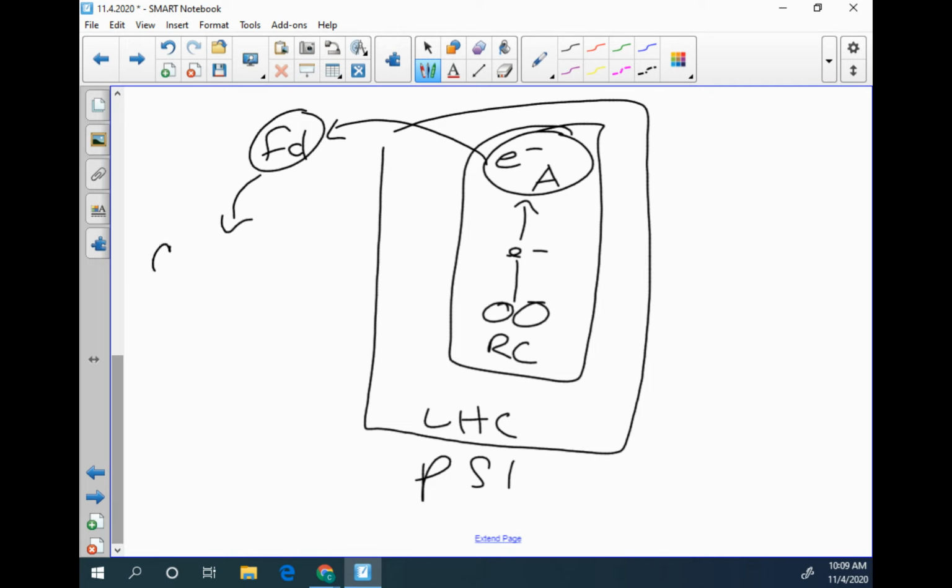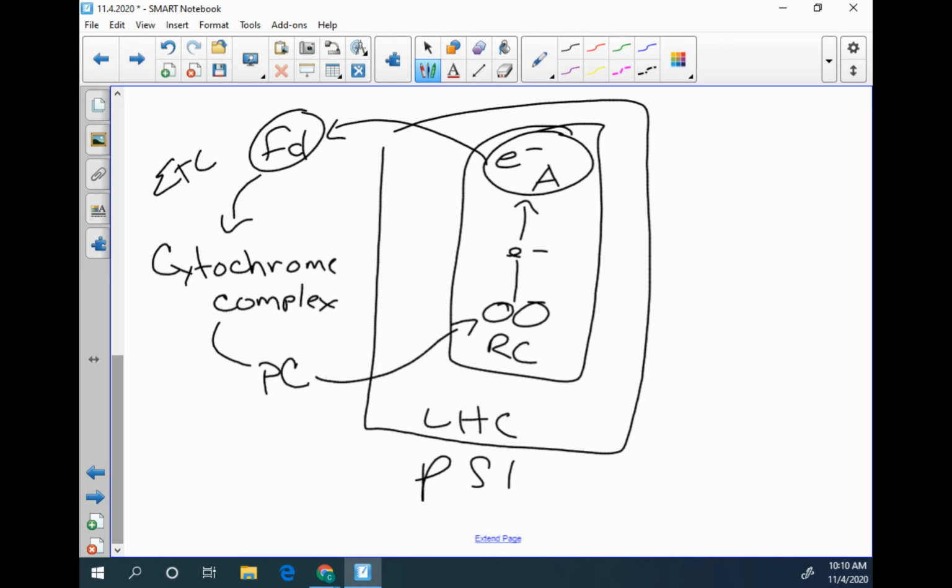Ferredoxin will feed them into the cytochrome complex. So an electron transport chain to PC. And then back to our photosystem or reaction center chlorophylls. So it's just going to go in this circle, and when it does, we will get ATP.